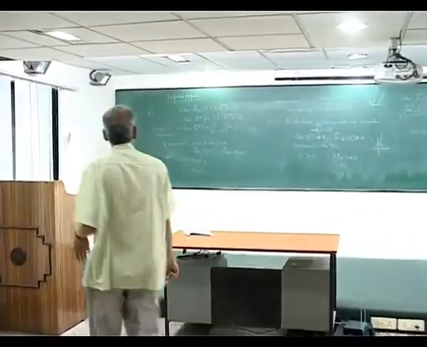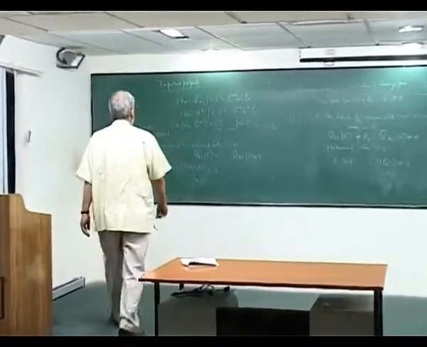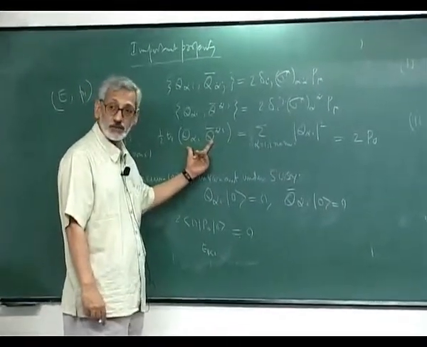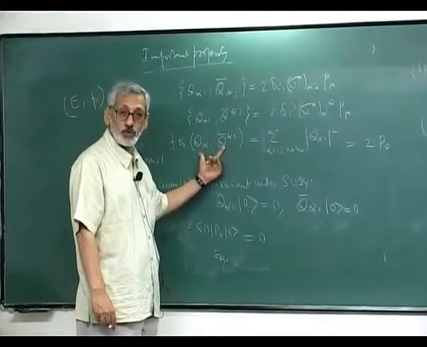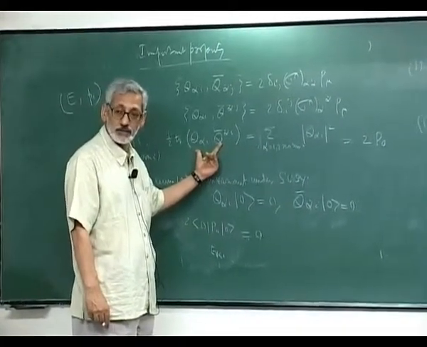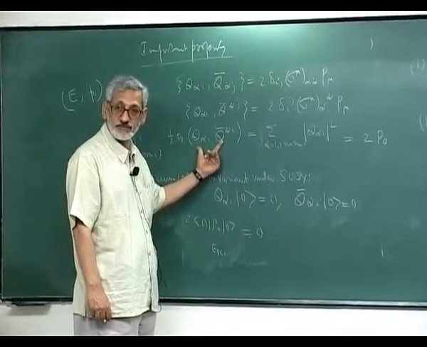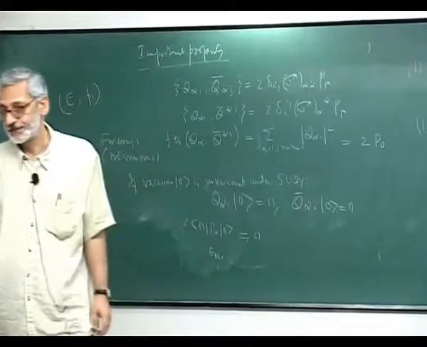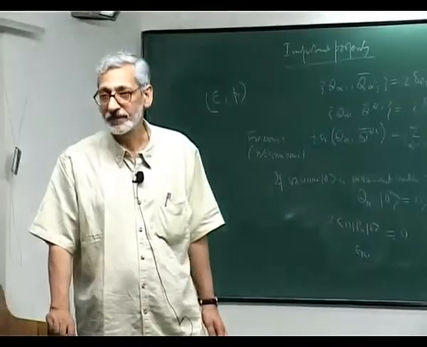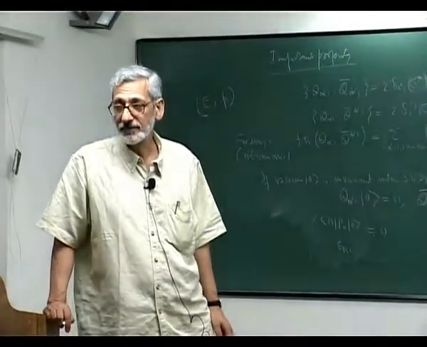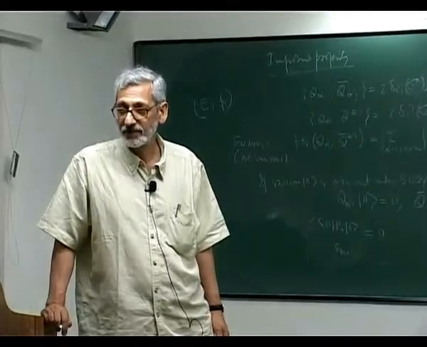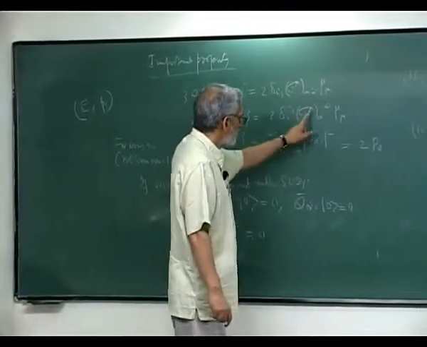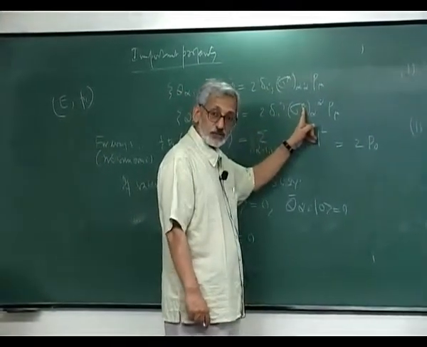That's because this object here, when you do the tracing, is a component of a Lorentz vector, the 0 component. And see, the trace of sigma i is 0.